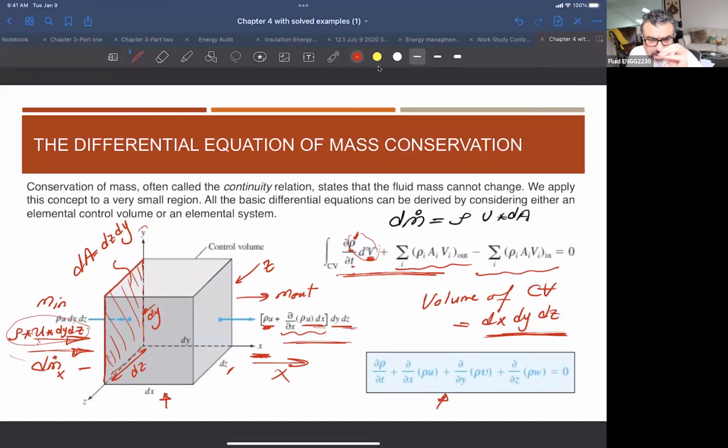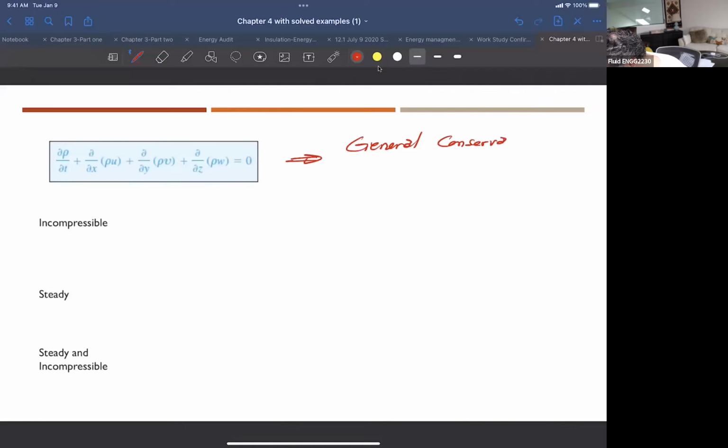So now the conservation of mass, or this continuity equation, is d rho by dt plus d rho u by dx plus d rho v by dy plus d rho w by dz equals 0. So this is the general conservation of mass equation in differential form, of course in x, y, and z Cartesian coordinates.